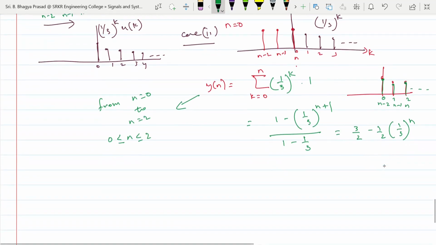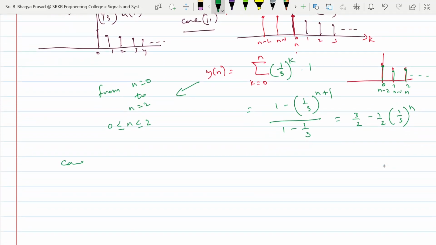In case 3, the overlap will be the same.